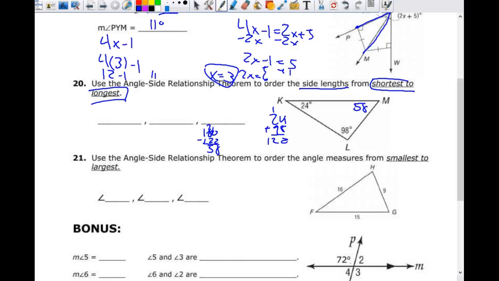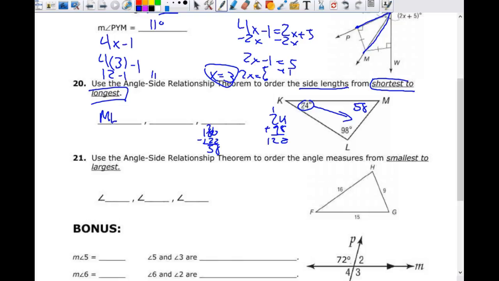The biggest side is across from the biggest angle, is opposite of the biggest angle. The smallest side is opposite of the smallest angle. So if we wanted to find the smallest side, we need to first find the smallest angle. Smallest angle is right here. So straight across from that is going to be ML. Medium-sized one. Where's our medium-sized angle?